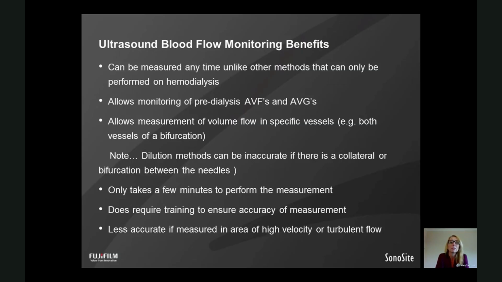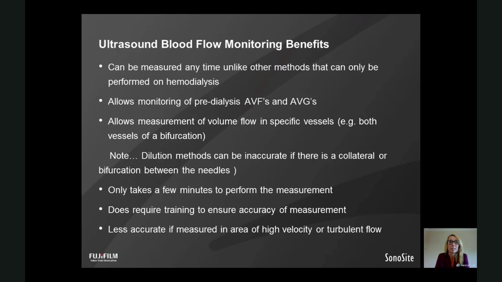It allows the measurement of the volume flow in specific vessels. One of the problems that I have with the dilutional method is that I have a lot of vessels where we're cannulating into 2 different sections. So I might cannulate in the forearm and use my venous outflow needle in the upper arm, and there's a basilic outflow in the middle of that.